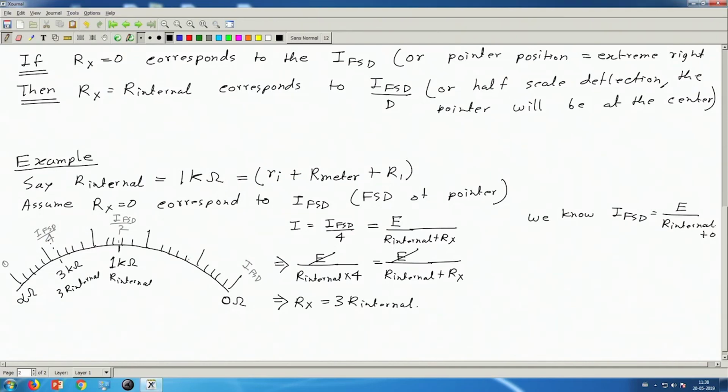And what will be this position, say 3/4 of FSD, which is IFSD multiplied by 3/4? What will be the value of resistance here? Let us find that out. This calculation was for position A.